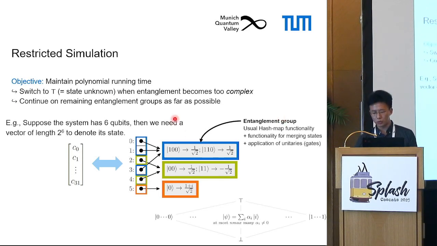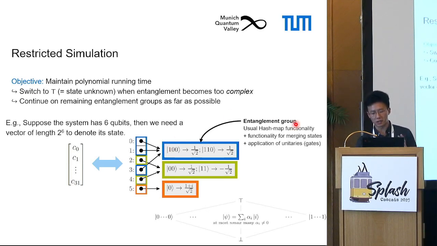How do we do this? Basically, we design and implement a data structure like this. We have a table where each entry corresponds to a qubit, and initially each qubit is inside its own entanglement. If during the execution of the circuit qubits get entangled, we put these entangled qubits into the same union.